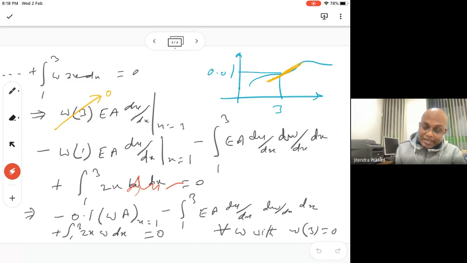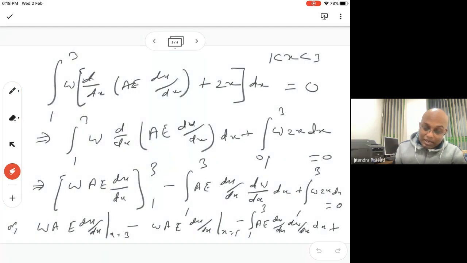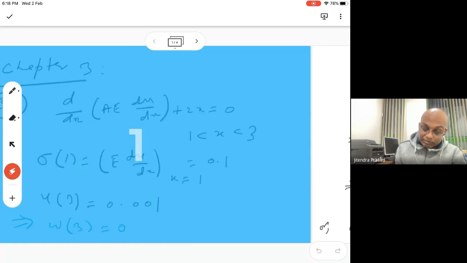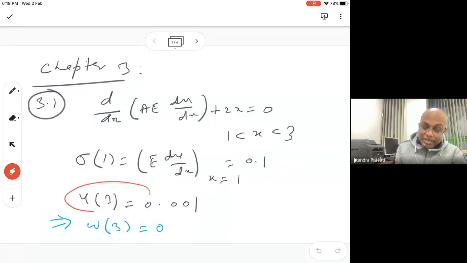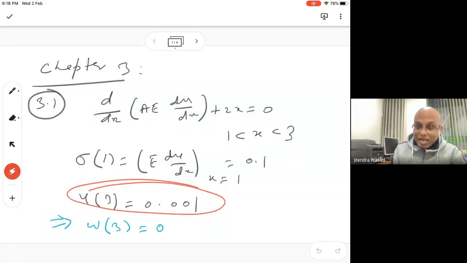Regarding du over dx, we have already applied it here, so we have the du over dx information as far as the boundary condition is concerned. Now regarding the other value, u at 3, this term we did not utilize.